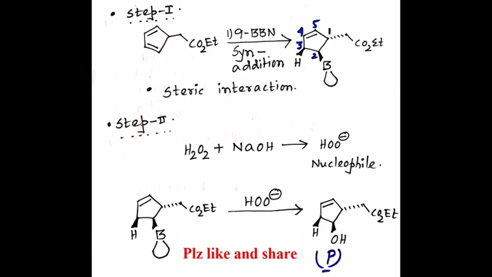As we know, this hydroboration reaction mainly follows the anti-Markovnikov pathway. That's why, when the 9-BBN molecule comes toward the cyclopentadienyl derivative, it attacks one of the double bonds, because we have taken 9-BBN in one equivalent.